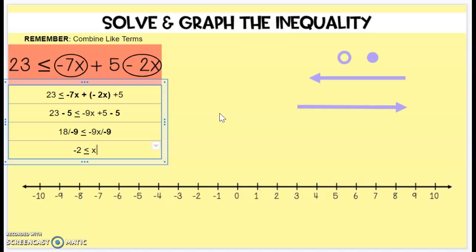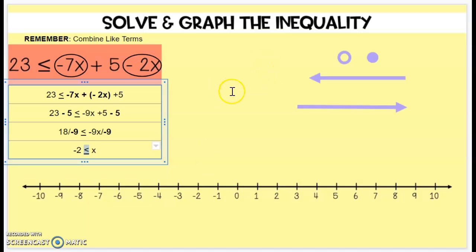All right, so now we need to think back to one of our rules. We need to not forget one of our most important rules. If I have a multiplication or division of a negative number for my variable, or my variable is being multiplied or divided by a negative number, I need to switch this sign right here.